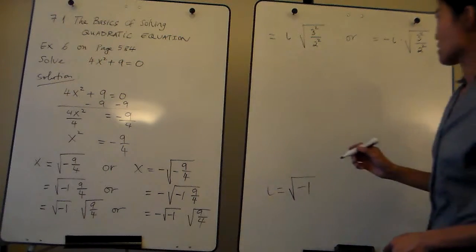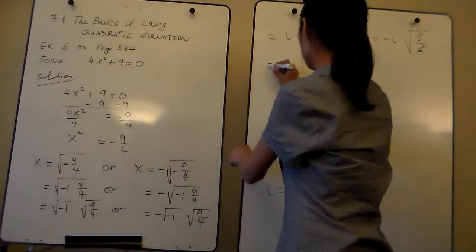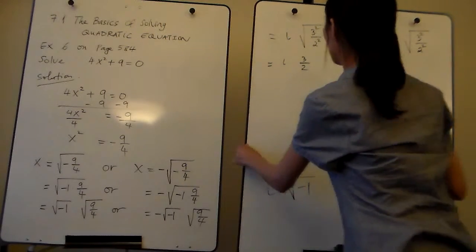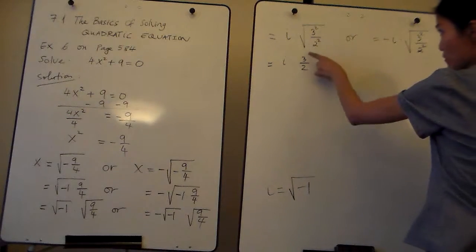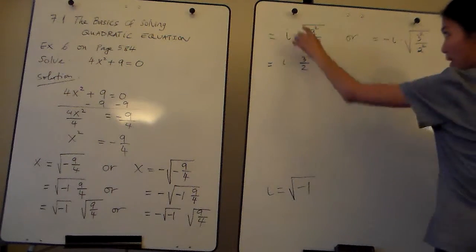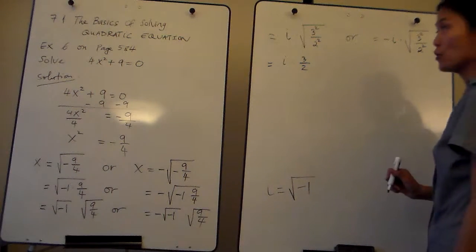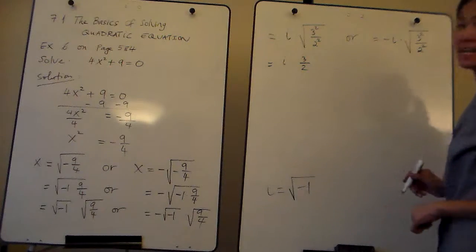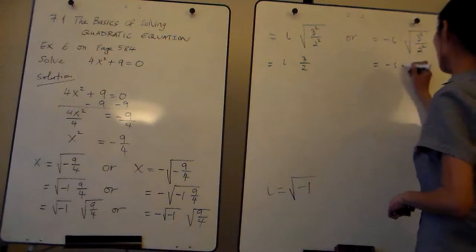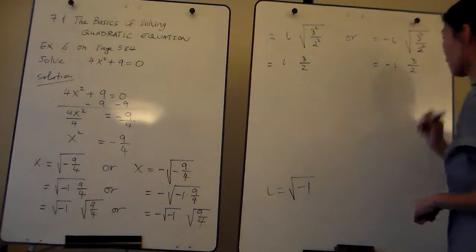Simplify further, we have i times 3 over 2, because I can simplify this radical since both have exponent 2 matching the index k equal to 2. That means you can simplify numerator and denominator. Similarly here, you have 3 over 2.